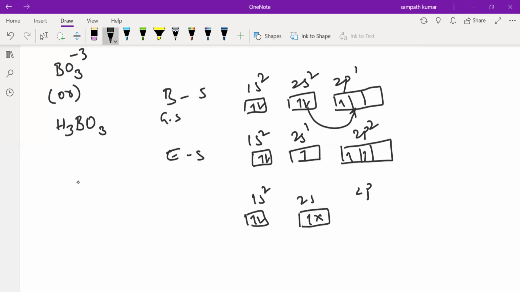The cross one is a donated electron. How many electrons are donating? The hybridization is sp2.